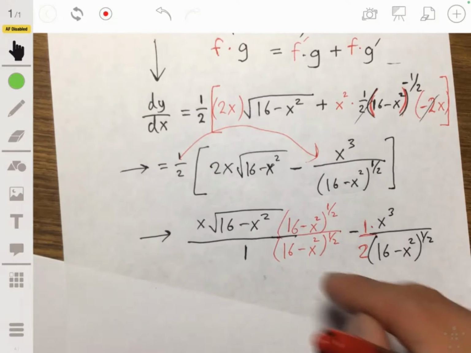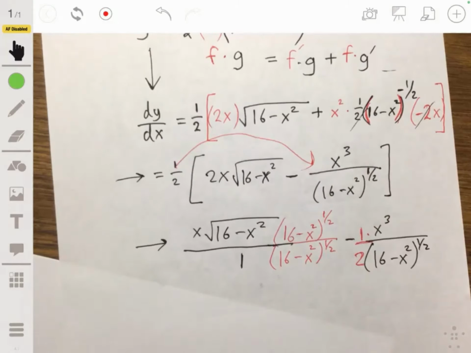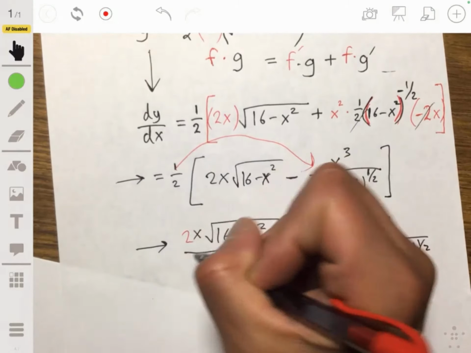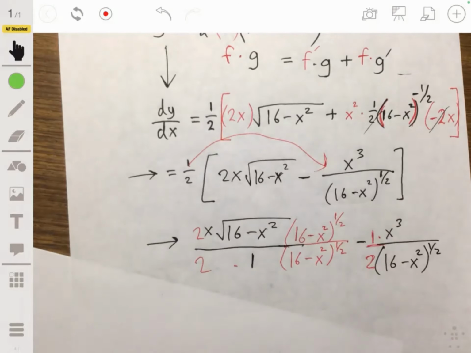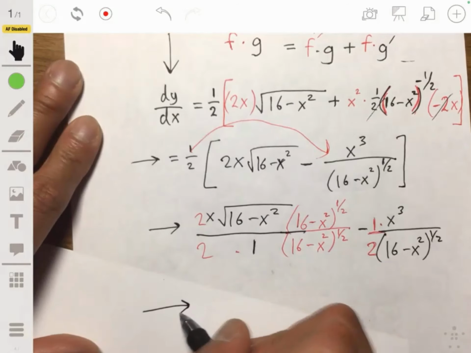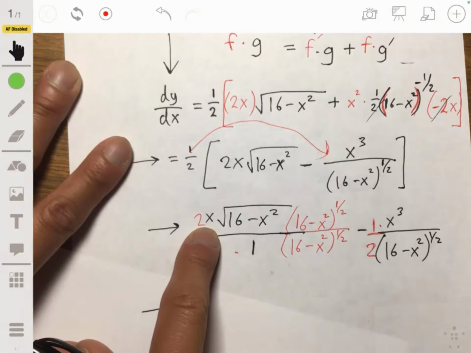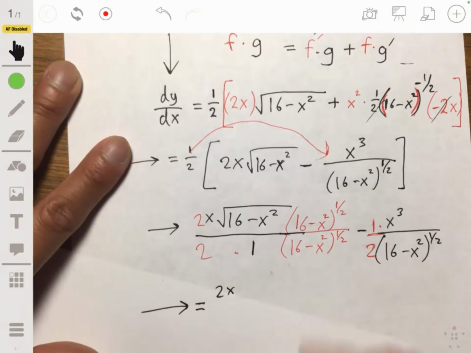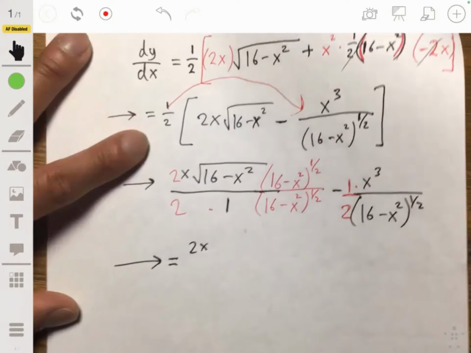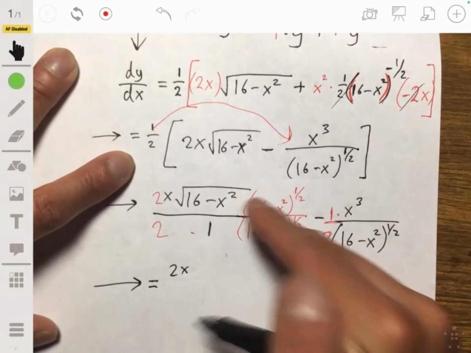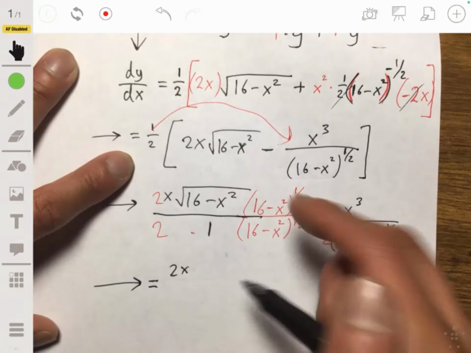Oh, and then that means we have to multiply this by 2 over 2. Not a problem. So we just have 2 over 2 like that. Okay, so let's see what we got. 2x, and we have 16 minus x squared to the 1/2 power times 16 minus x squared to the 1/2 power.